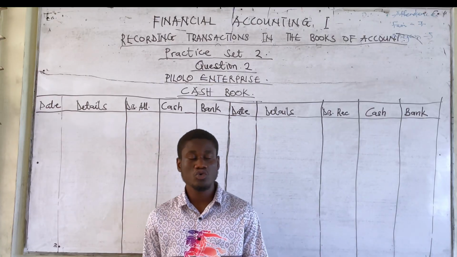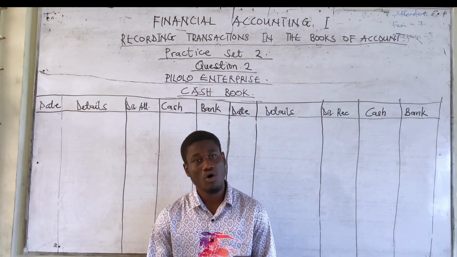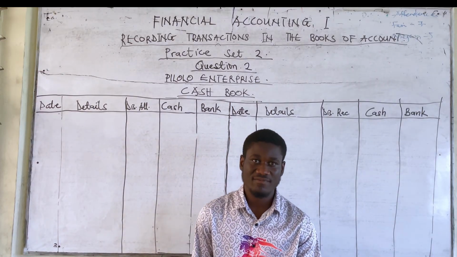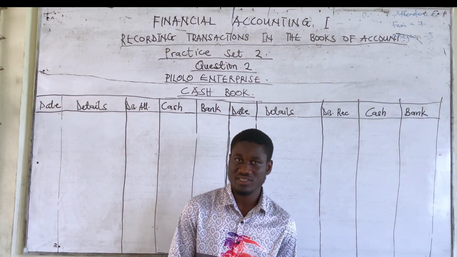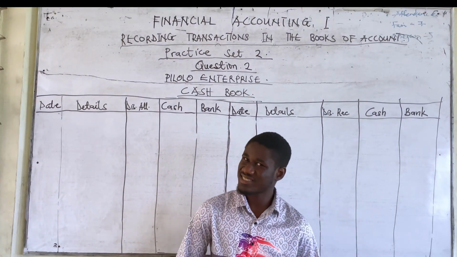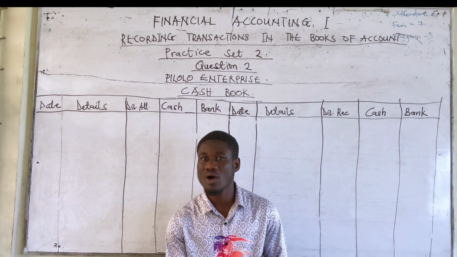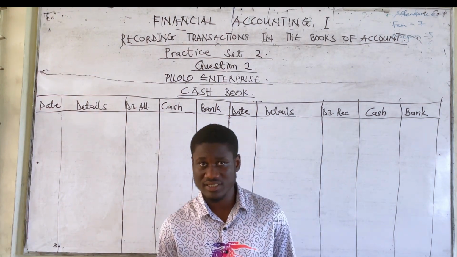Okay, so you see that the question didn't tell us to open a 2-column or single column or 3-column. We have to come to the question and check. What is it involving? Are there cash transactions? Are there cheque transactions? Are there any discounts? If we come to check and we see that there is only cash, we are going to open a single column.